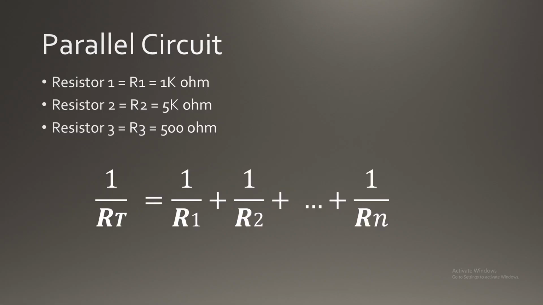Okay, how does a resistor act in a parallel circuit? The formula is 1 upon RT equals 1 upon R1 plus 1 upon R2 plus 1 upon Rn, where n is the number of resistances.